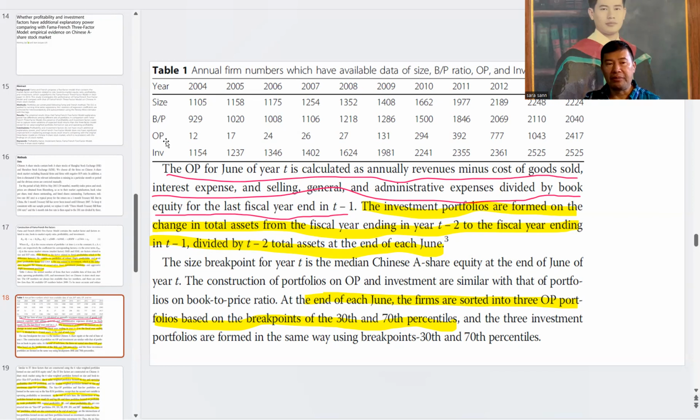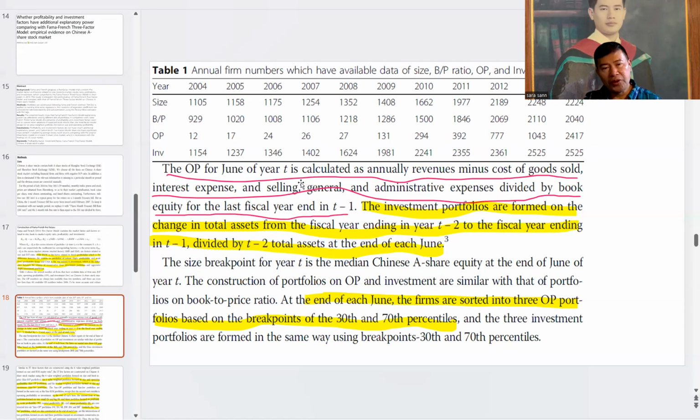For the RMW, or OP, operating profitability, the author identifies it as earnings before tax, and he got 12 stocks. Investment return, he got 1,154. Investment return equals operating profit divided by total assets. So now let's move on.